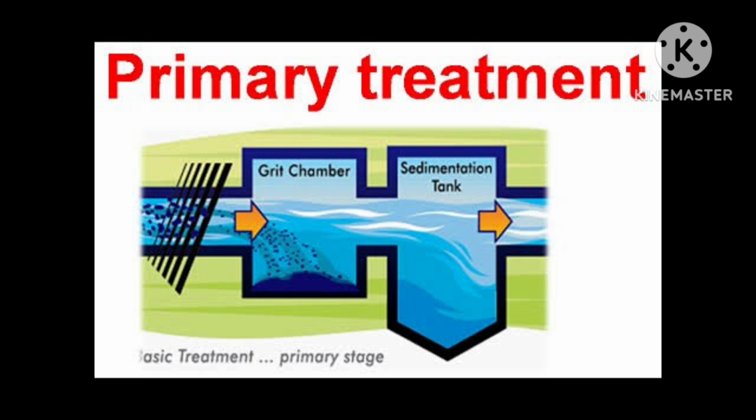The coagulants used are alum, potash alum, ferrous sulfate, etc., which help in the easy settlement of finely suspended particles. This I have discussed about the primary treatment. In primary treatment, all these four steps are done.